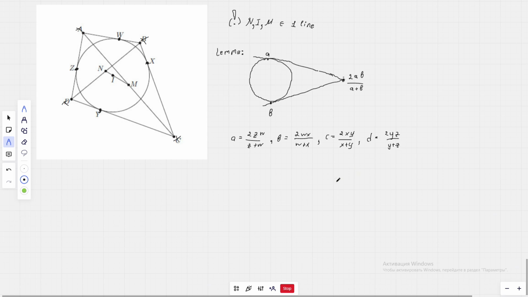Okay, now what? Well, knowing that m is the midpoint of AC, we get that m is equal to (a plus c) over 2. And applying a and c's values from here, we get that it actually equals the following.